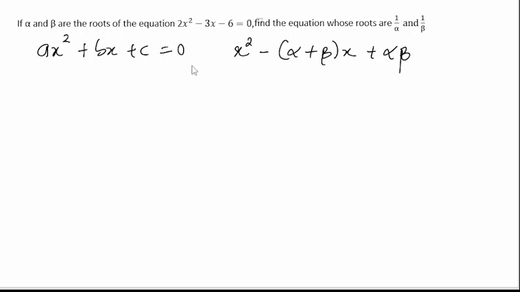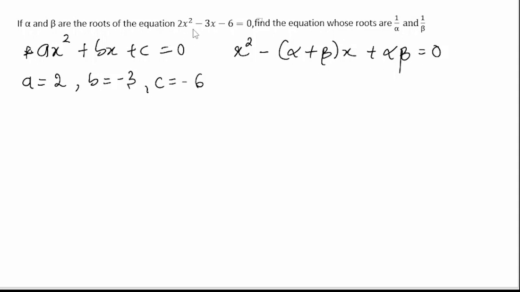So if we compare these two equations, this is called the standard form. If we compare it, we can see that our a is equal to 2, our b is equal to minus 3, and our c is equal to minus 6. Now, for the second equation, I didn't put my equal to 0.